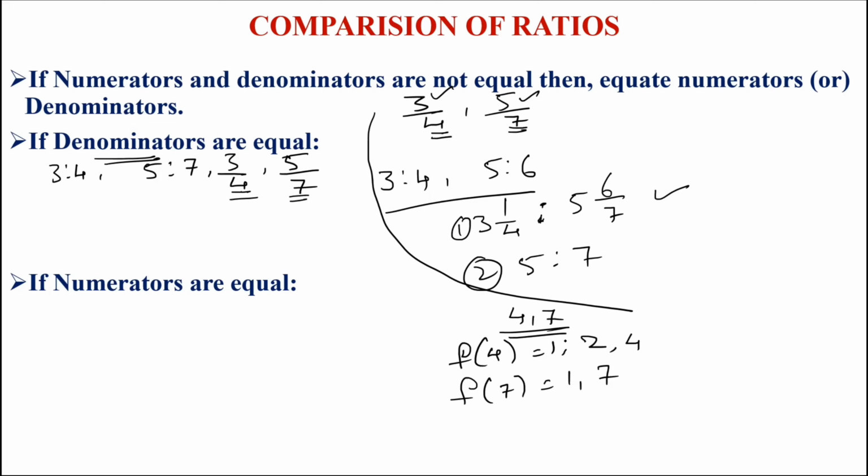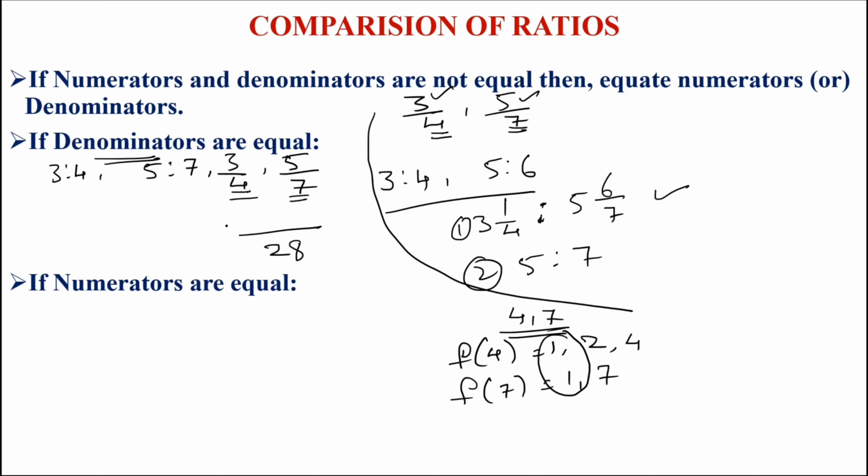What is the common factor among these? Only 1. If the common factor is 1, then we say these are co-prime numbers. Then the LCM is the product of them. So 7 into 4 is 28, the LCM.